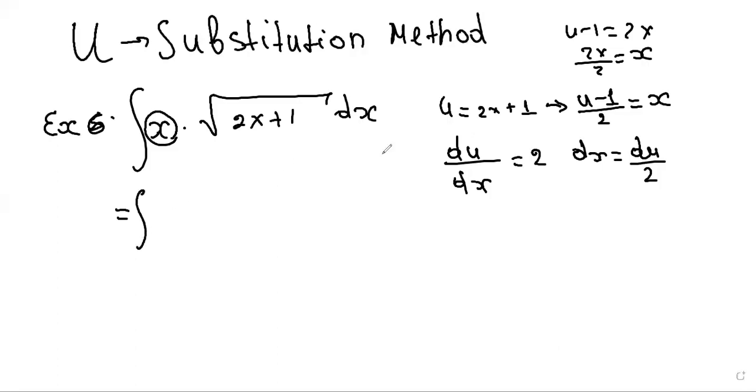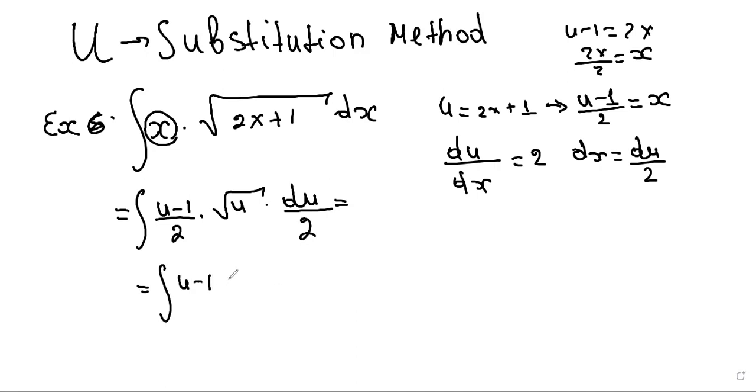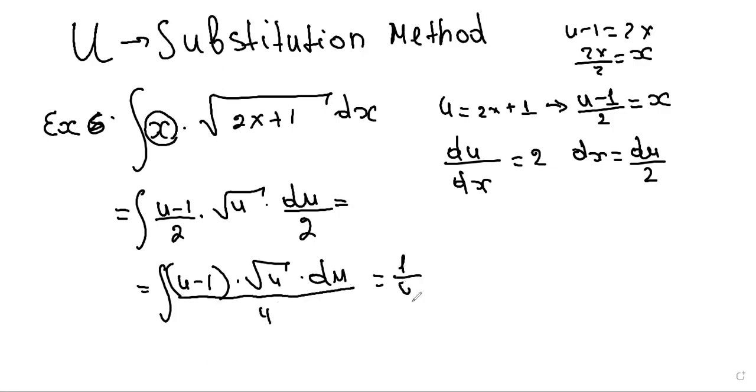Now we can write it as u minus 1 divided by 2 times the square root of u times dx, which is du divided by 2. So we have (u minus 1) times the square root of u times du divided by 4, and we can take 1 over 4 out of the integral.